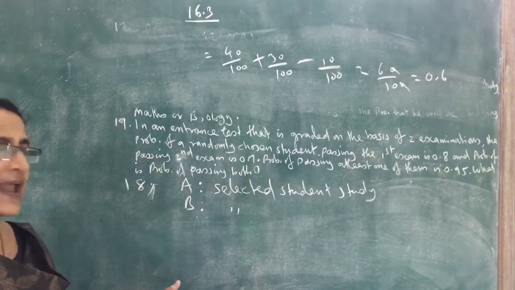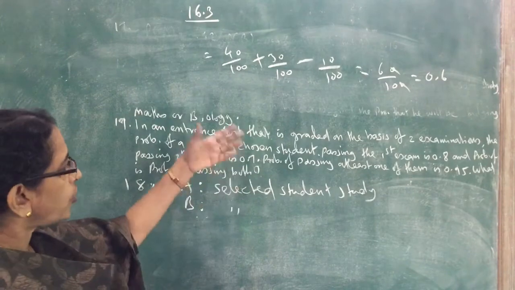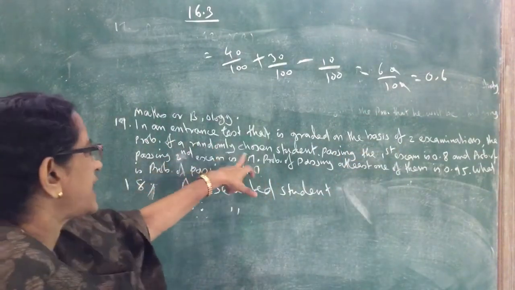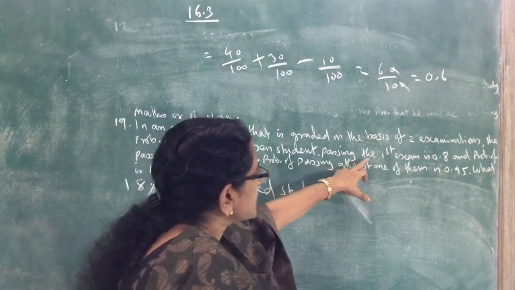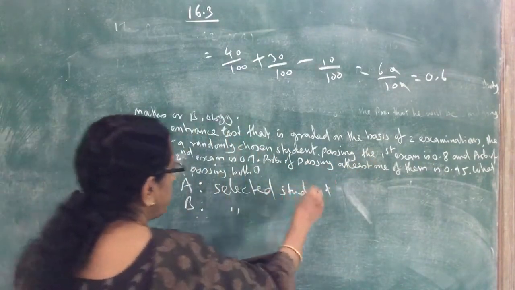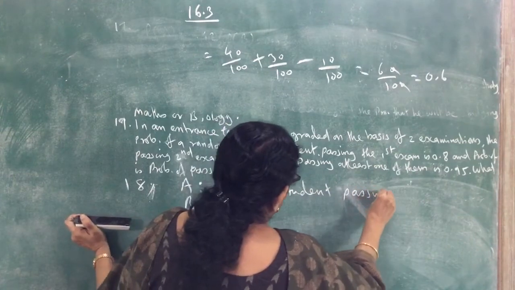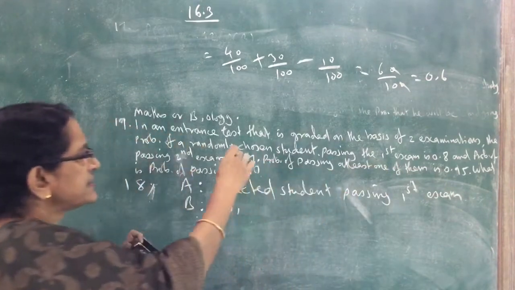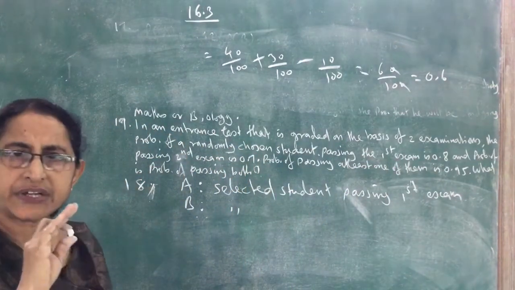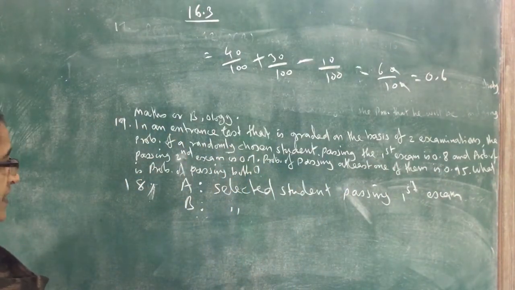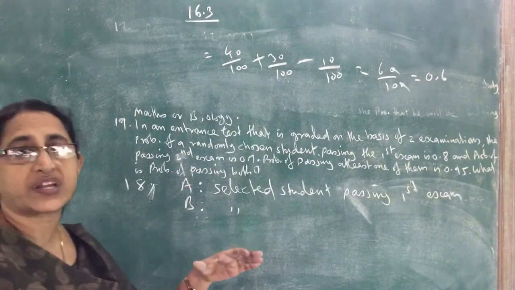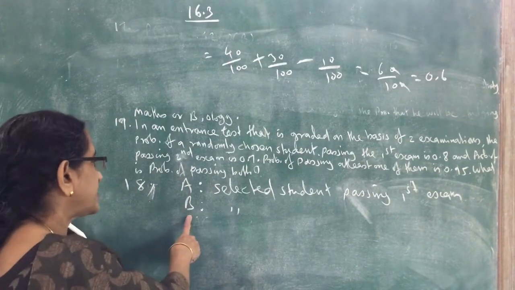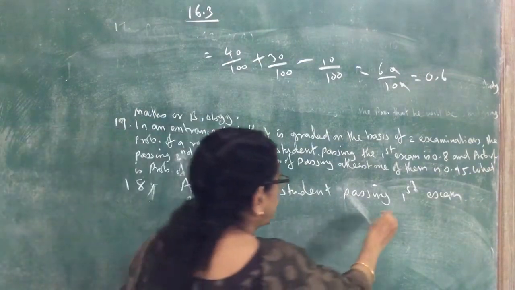The entrance test is based on 2 examinations. So A is the event that the selected student passes the first exam, and B is the event that the selected student passes the second exam.